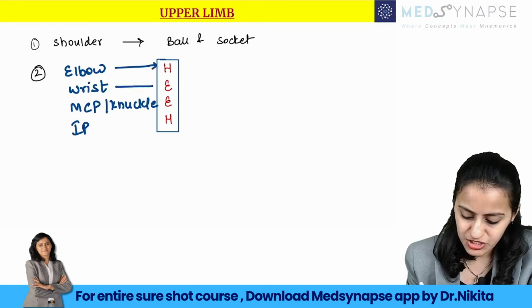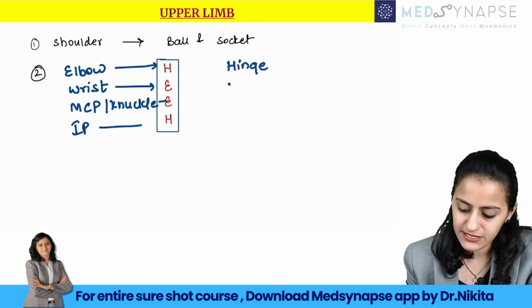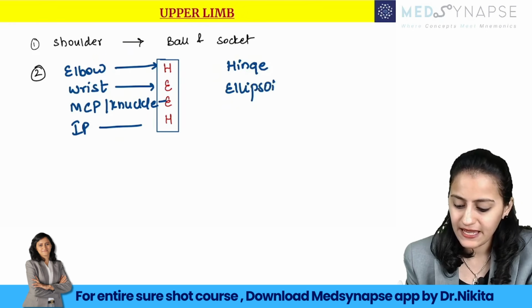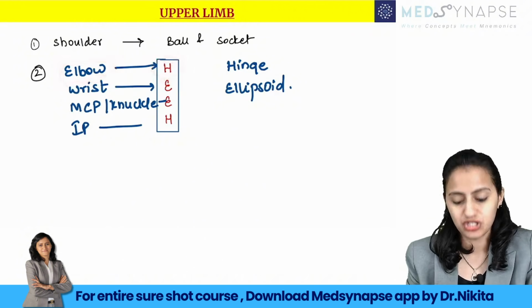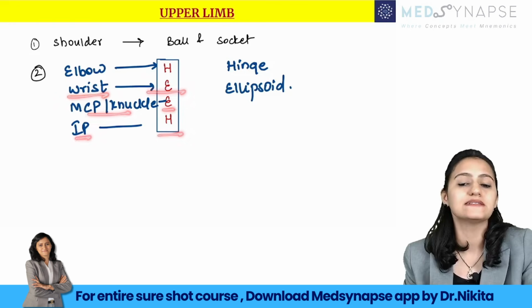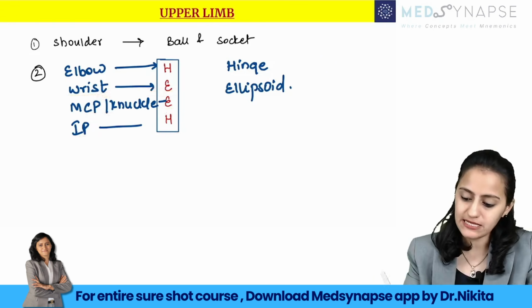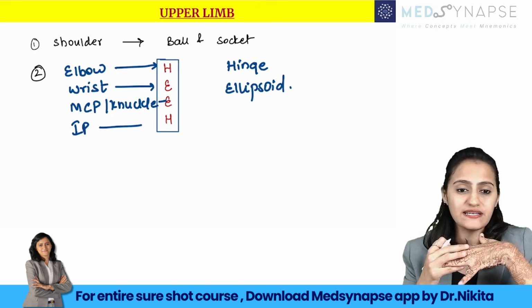So the H stands for the hinge joint and the E stands for the ellipsoid joint. Elbow is hinge, wrist is ellipsoid, MCP is ellipsoid, IP is hinge. So remember HEEH is your trick. These are the joints in the upper limb.